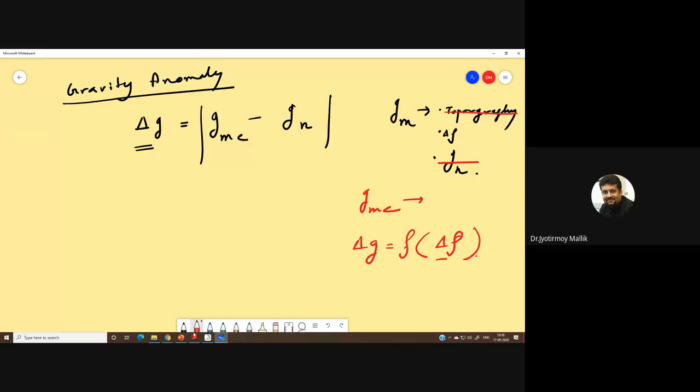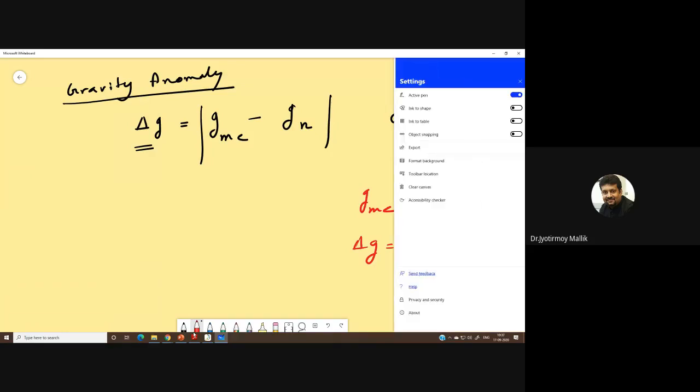By delta rho, I mean the body which is sitting underneath. It will depend on its areal extent, its distance from the top surface, and its density difference. That's fine, but it will depend on the body if we do my corrections correctly. That's the idea of the whole thing.